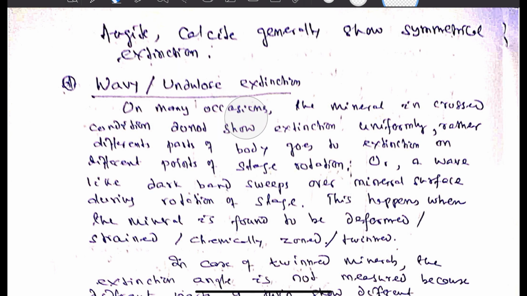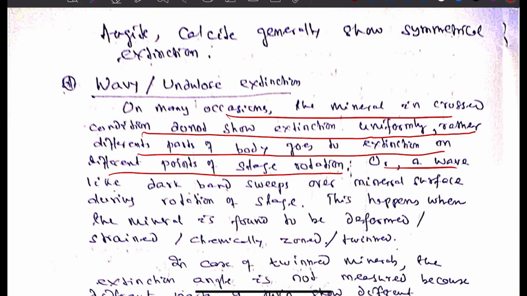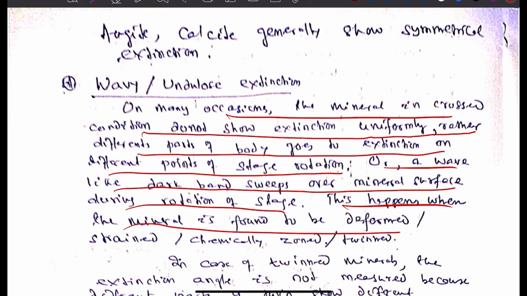On many occasions, the mineral in cross condition does not show extinction completely or uniformly. Rather, different parts of the body go to extinction at different points of stage rotation, or a wave-like dark band sweeps over the mineral surface during rotation of the stage. This happens when the mineral is deformed, strained, chemically zoned or twinned.